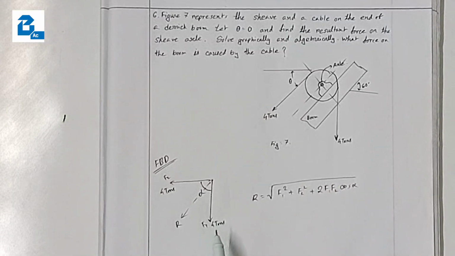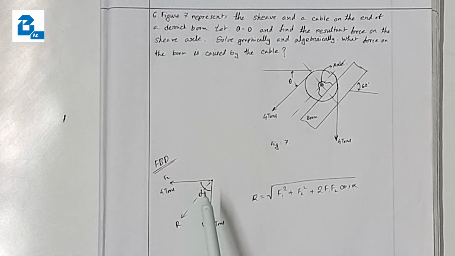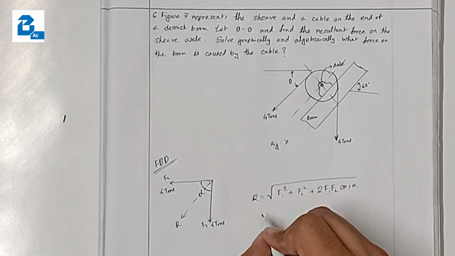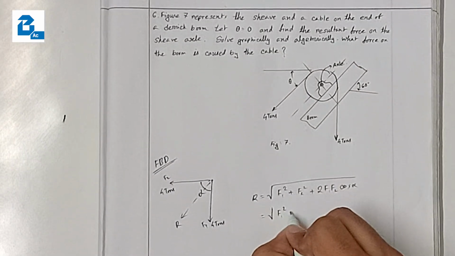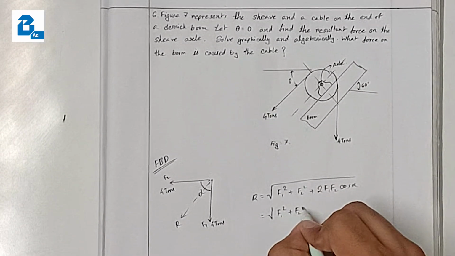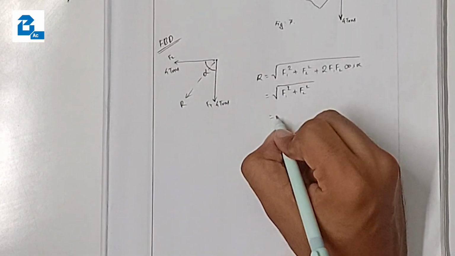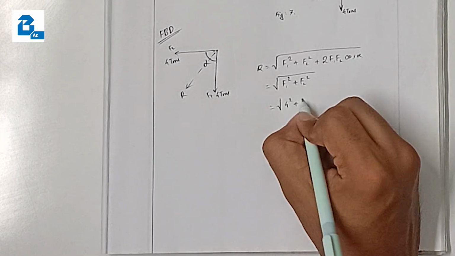Since both forces are at a right angle, because F1 is along the vertical axis and F2 is along the horizontal axis, the angle between them is 90 degrees, and we know cos 90 equals 0. So the formula would be root over F1 square plus F2 square, and if we enter the values here, we get root over 4 square plus 4 square.